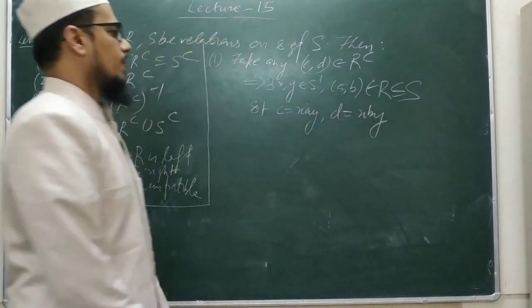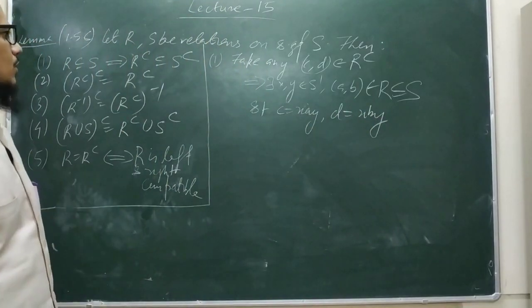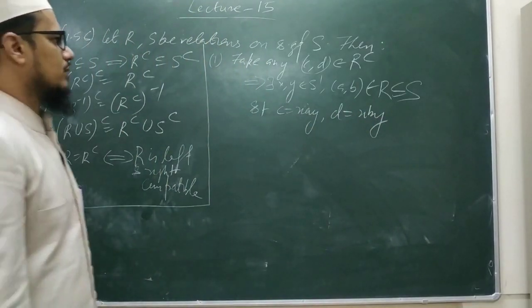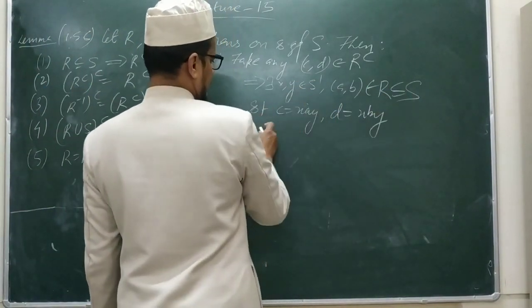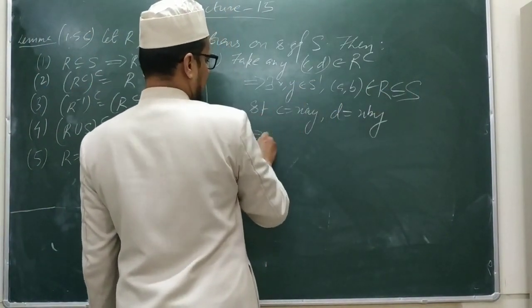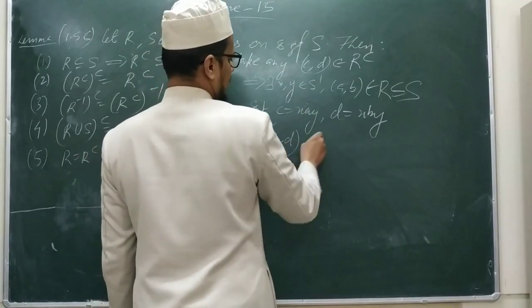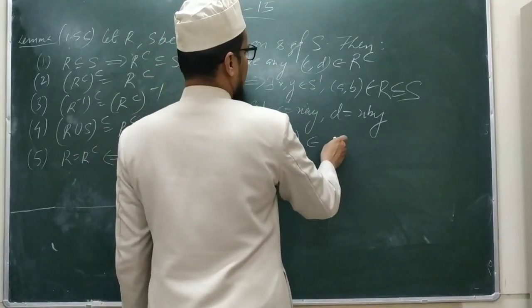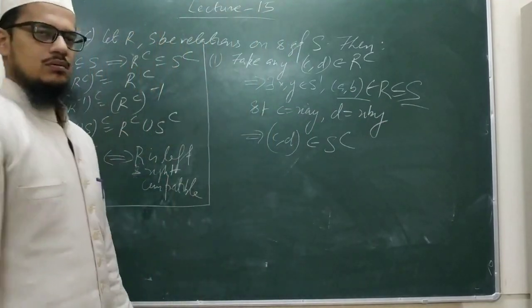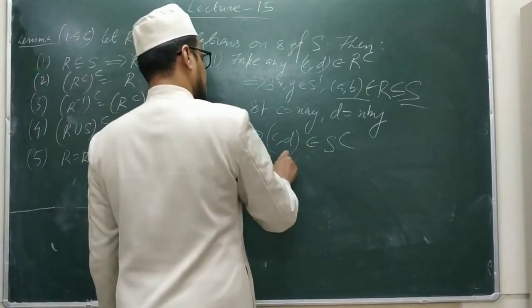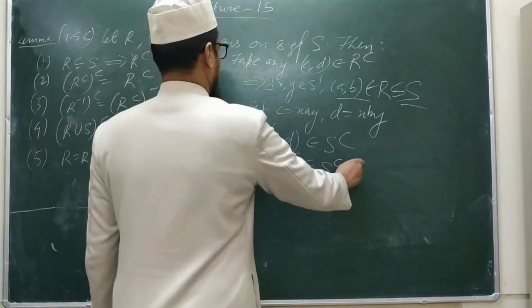Now, when A, B goes in S and X, Y in S1, naturally it implies that C, D will be in SC because A, B is in S. So it implies that RC is a subset of SC.